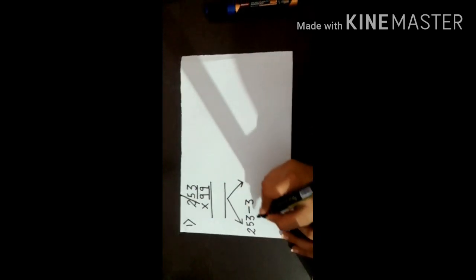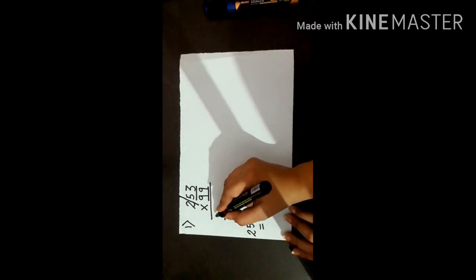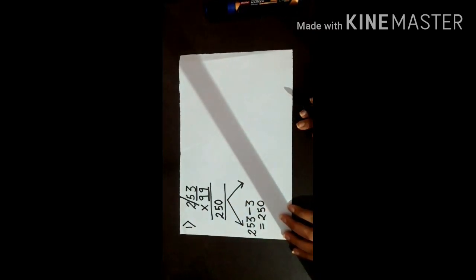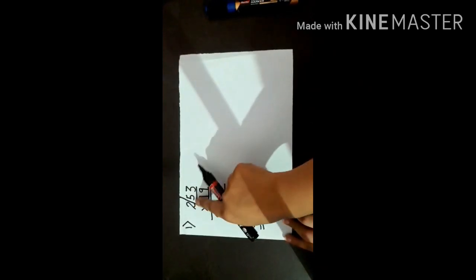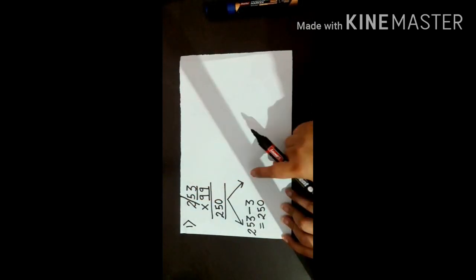Now 253 minus 3 is 250. This is your first part. Now use the rest of the multiplicand, which is 53. You don't have to use the whole multiplicand here.